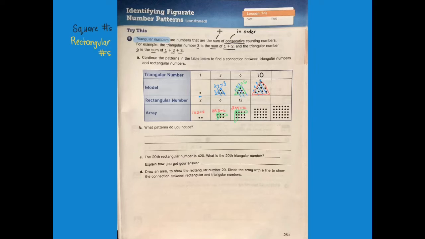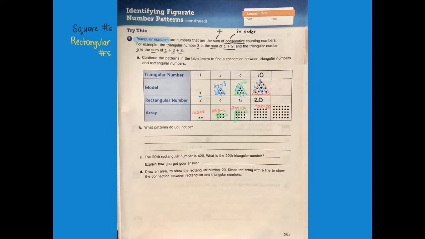So this next array is a 4 by 5 array. What does 4 times 5 equal? 20, you're right. So the next rectangular number in this table is 20. Very good. Wow, are you noticing anything here? Triangular number 10, rectangular number 20. I'm starting to notice a bit of a pattern, aren't you?